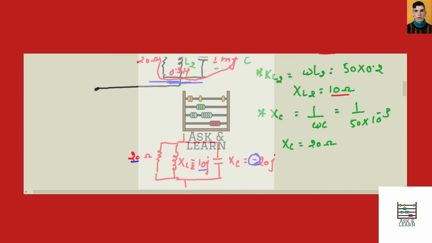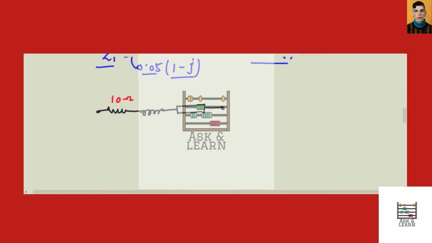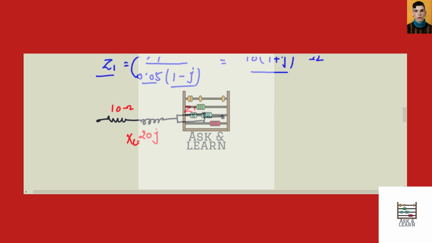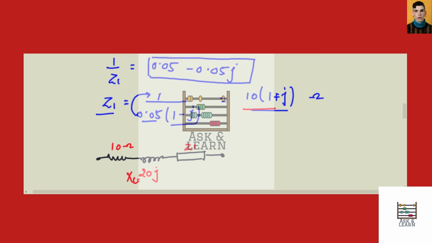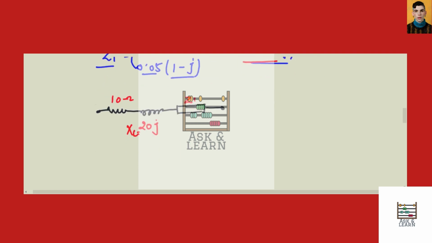The value of XL1 is 20, and represented in rectangular form this will become 20j. And the impedance that we have to calculate, Z1, is 10(1 plus j). So just put over here 10(1 plus j).